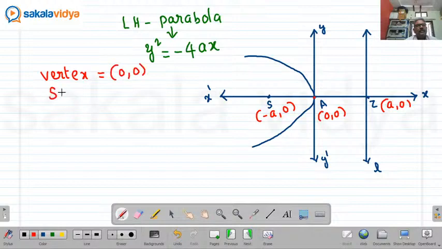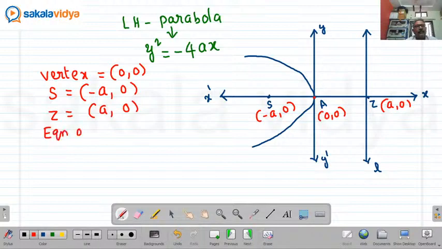Focus S equals minus a comma 0. Next, Z coordinates is a comma 0. Next, equation of axis is y is equal to 0 because x-axis only, no change. Y is equal to 0.